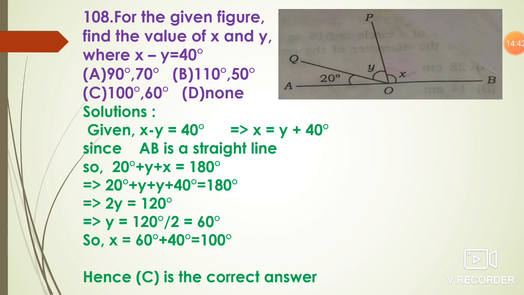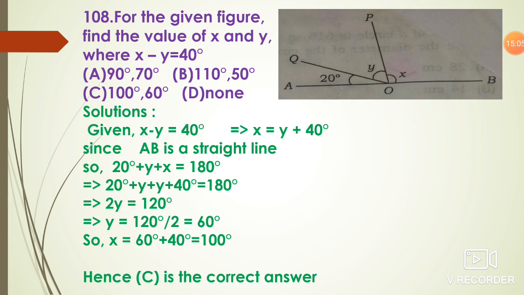Question number 108. A figure is given and a condition is also given, x minus y equal to 40 degree. So we have to find the value of x and y. So x minus y equal to 40 degree, so x equal to y plus 40 degree. AB is a straight line.